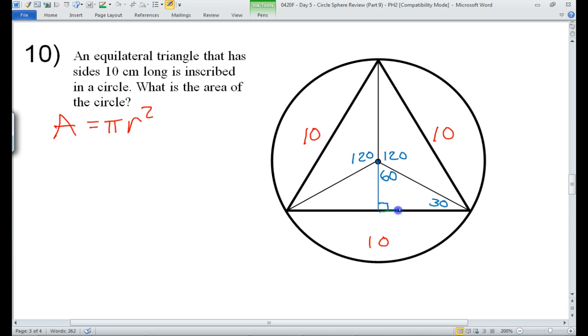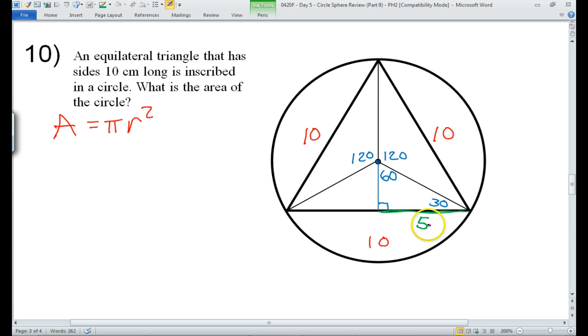From this part of the triangle right here, okay, how long is that going to be? Alright, clearly that's going to be 5. Since the whole thing is 10, then that's going to be 5. Okay, now, unfortunately for us, this is the long leg.